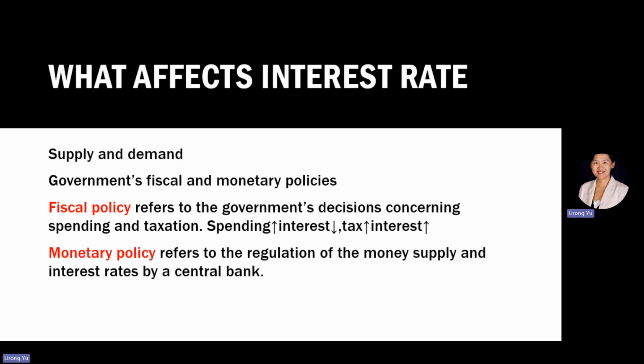Fiscal policy is such as spending and taxation. Basically, when the spending goes up, interest goes down. When the tax goes up, interest goes up. Monetary policy refers to the regulation of the money supply and interest rate by the central bank. So this is exactly how much money we actually have. That also affects interest rate. Any question? We're certainly not going to be quizzed over this, but it affects how we look at things if we're having any financial problem that we consider.